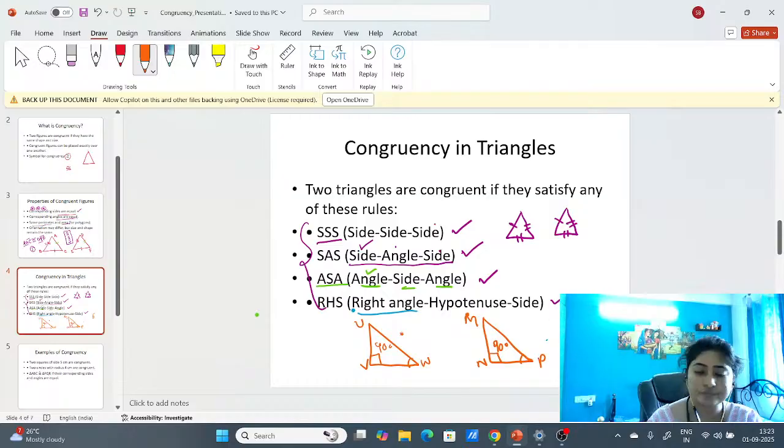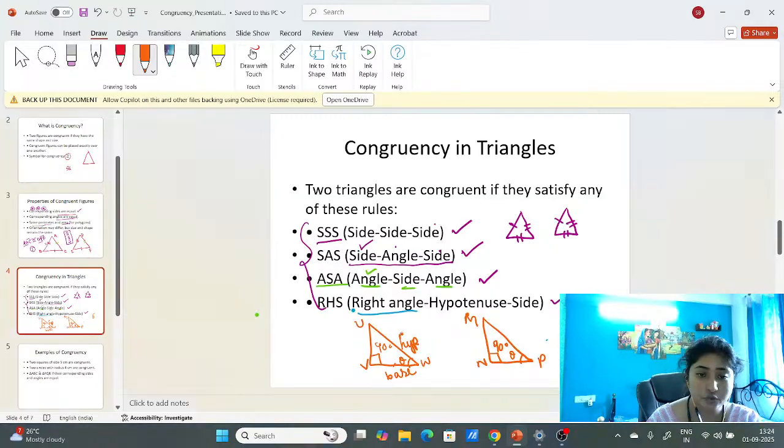But in this case, it must be an acute angle, because we have already drawn 90 degrees, so it should be acute angle. So suppose theta is an acute angle here, and here also. This is the corresponding side of theta, and this is another corresponding side of theta. Which one is smaller? This one. So this one will be the base and this one will be my hypotenuse.